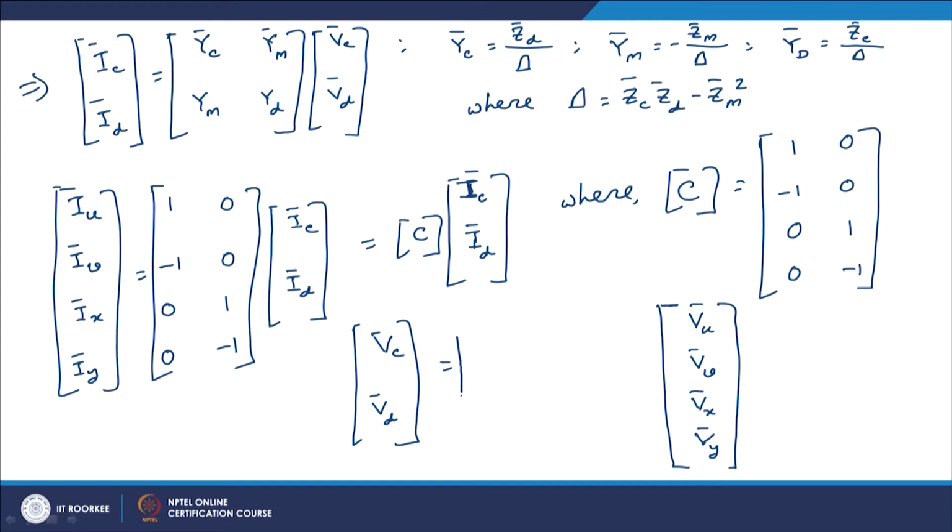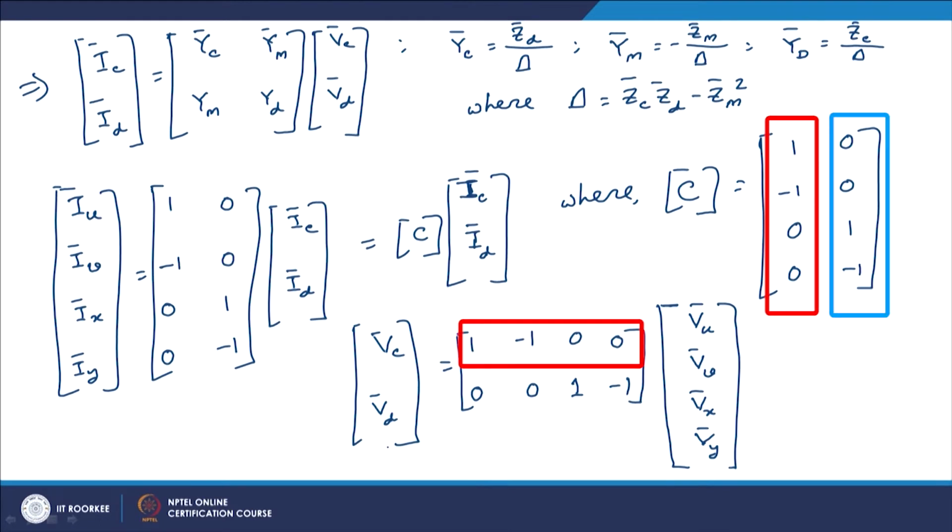It would be something like this. So, Vc is equal to Vu minus Vv, so it would be 1 minus 1 and others would be 0, and Vd is equal to Vx minus Vy, so it will be 0 0 1 minus 1. We can clearly see that this matrix is nothing but the transpose of this matrix C. So, this row, this column becomes this row and this column becomes this row.